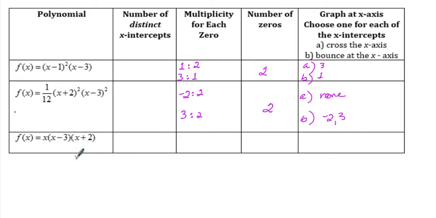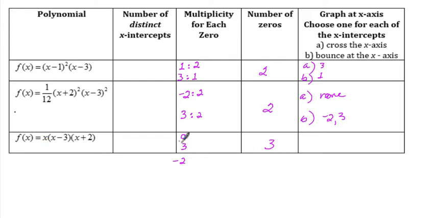Now the last example is interesting. How many x-intercepts do we have? How many zeros do we have? Some of you might immediately say, well, we have a 0 of 3, and we have a 0 of -2, and you would be right. But don't forget, this is also a factor. This is also going to cause a 0. It's going to cause a 0 of 0. So we have 3 zeros.